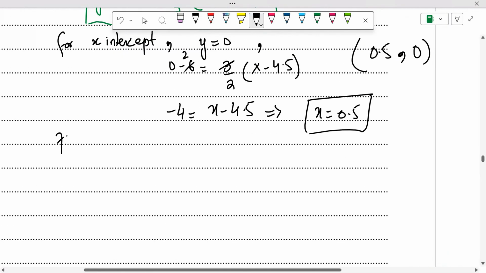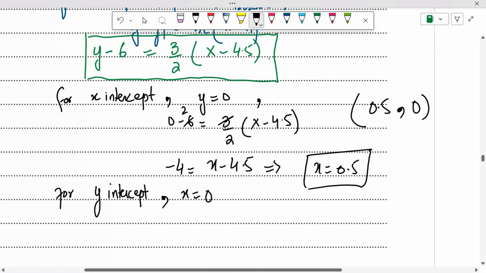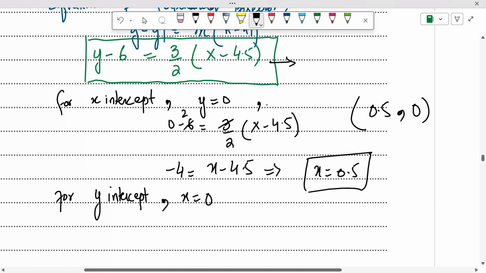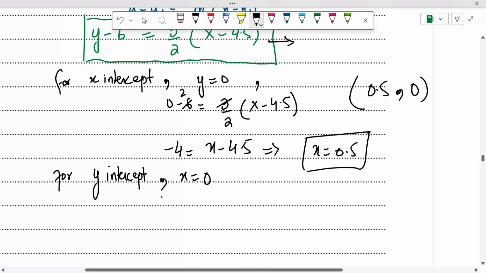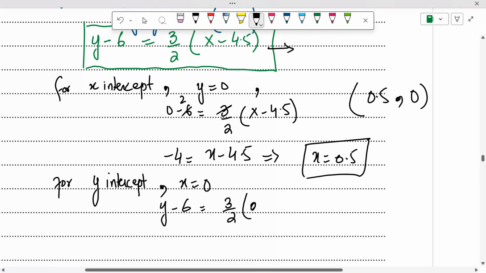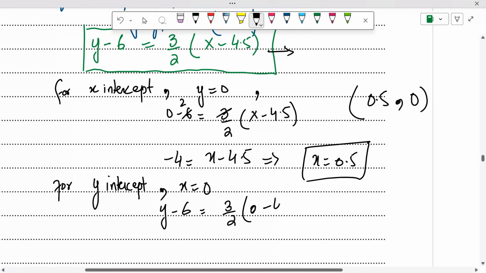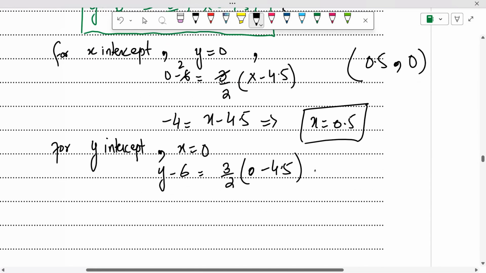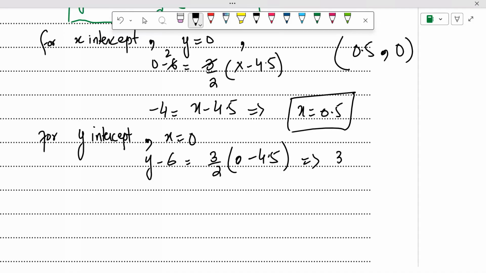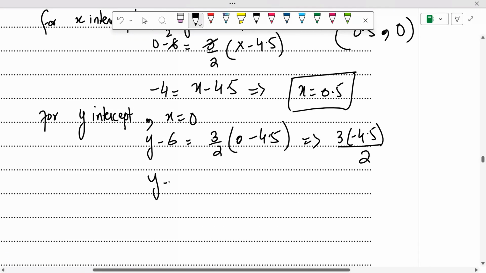Now for the y-intercept, we plug x equal to 0 into the equation of the perpendicular bisector. So y minus 6 equals 3 over 2 times 0 minus 4.5. Solving this, we have 3 times -4.5 over 2, so y minus 6 is equal to -6.75.